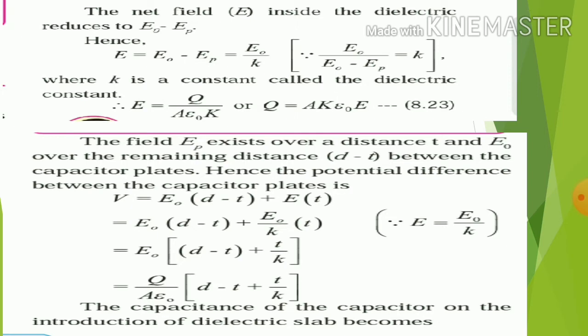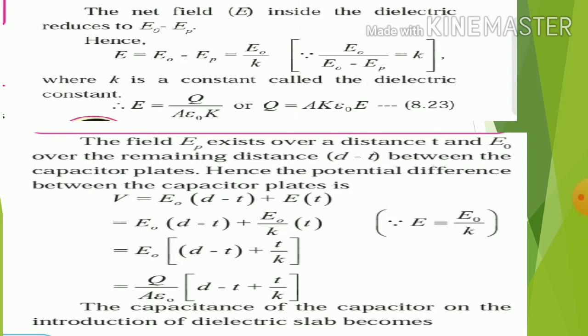Then we know the relation between E0, Q, A and epsilon 0: the value of E0 is equal to Q upon A epsilon 0.